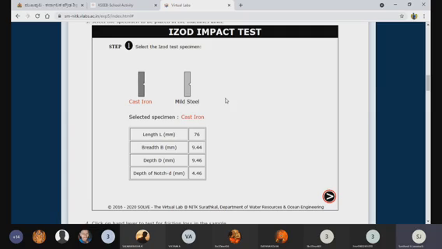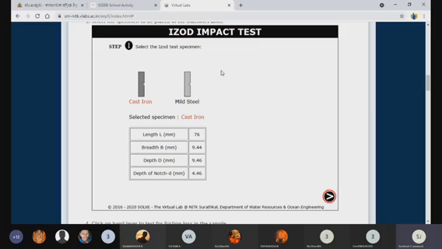I told you that there are two methods: one is the Izod test, the other is the Charpy test. The preparation of the sample for the Izod test is different from the preparation of the sample for the Charpy test.